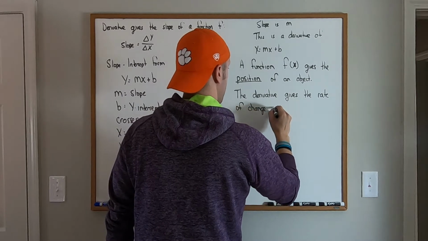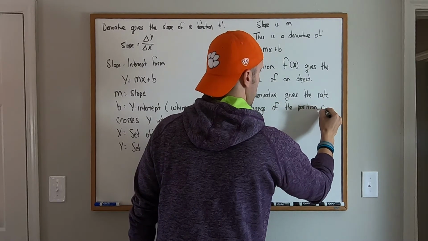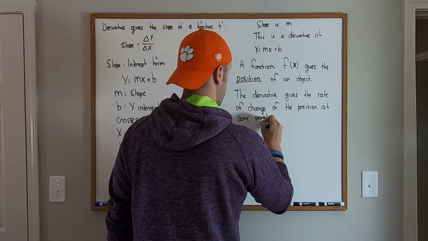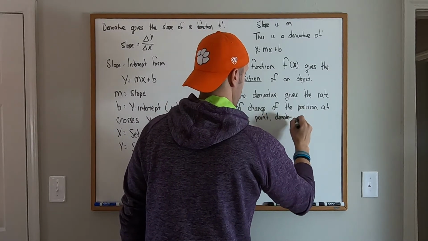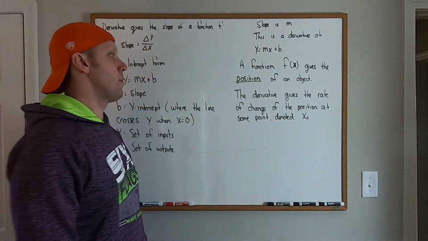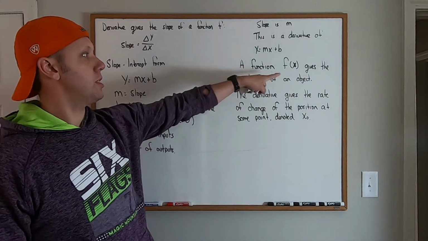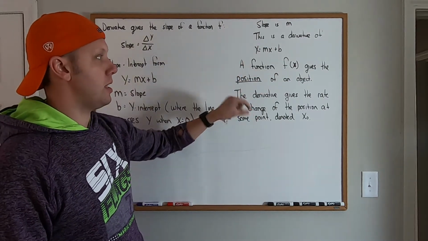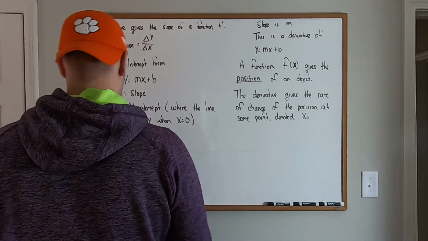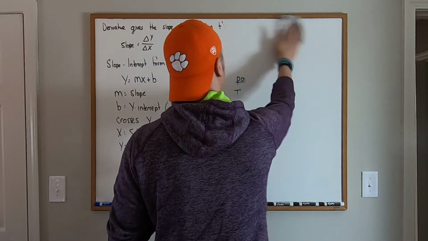Derivative is going to give the rate of change of the position at some point, call it x0. Right, what is the rate of change at some point? If we want to think of this as a function of time, what is the rate of change of an object at some point in time, x0? Maybe a picture will help.